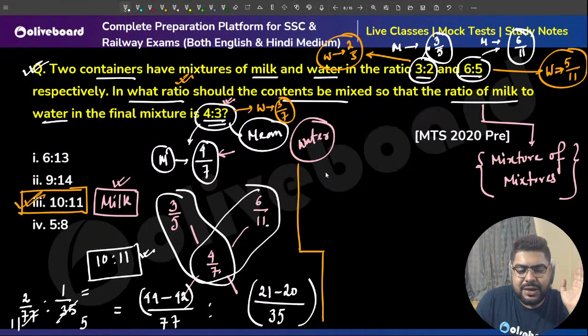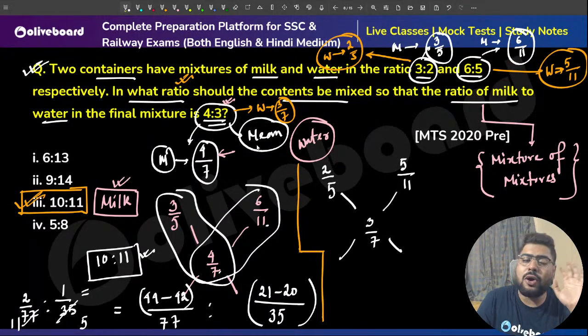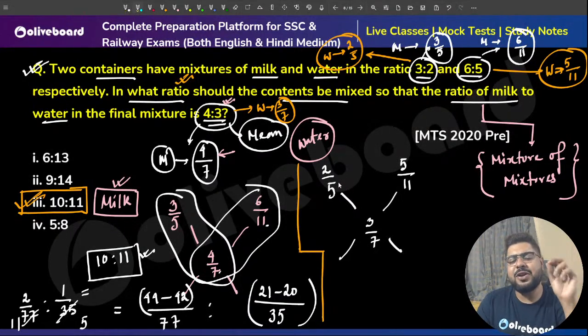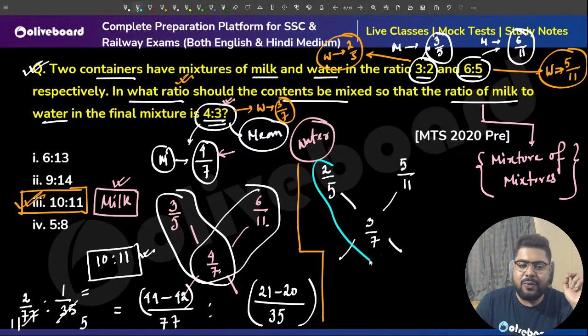So this is 2/5 and 5/11, and the middle value is 3/7. I am now using allegation on simple water.